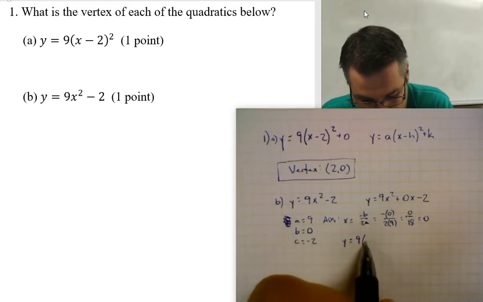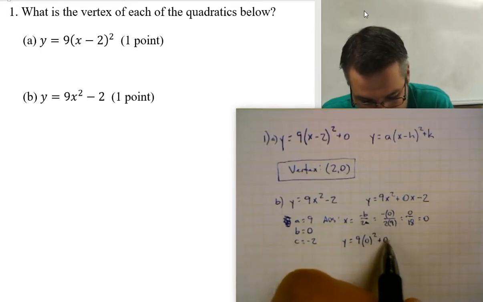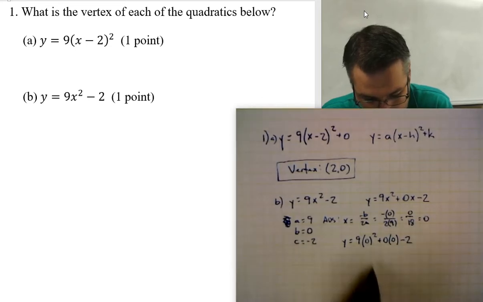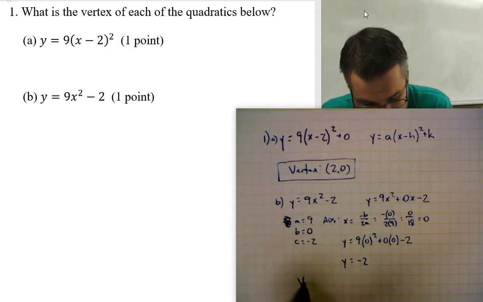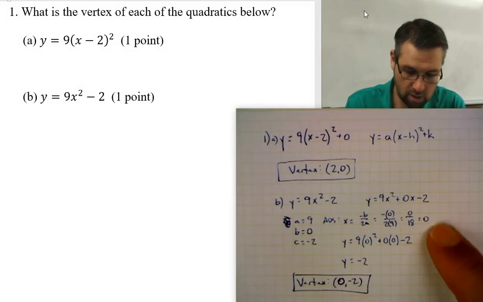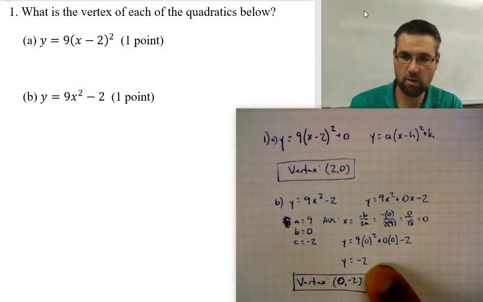So that would say 9 times 0 squared plus 0 times 0 minus 2. Well, all of this goes away, and you're just left with -2. And so as a result, your vertex is going to be (0, -2). Okay, my x value here and my y value there.